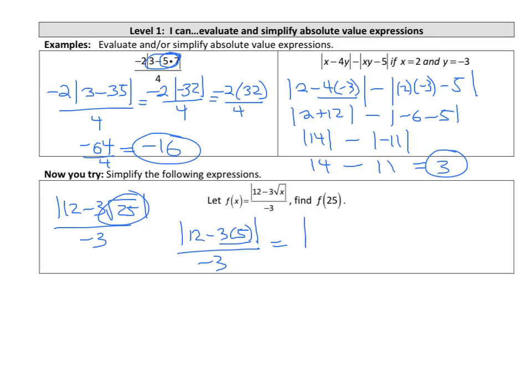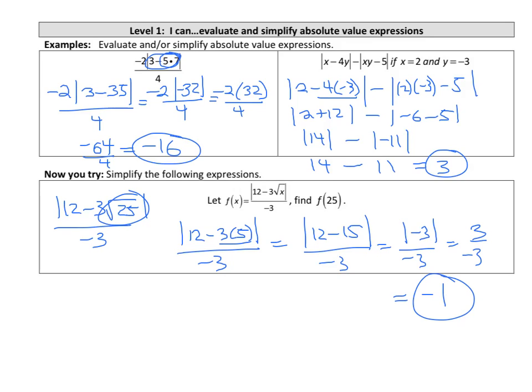And 3 times 5 is 15, so 12 minus 15 over negative 3, which is the absolute value of negative 3 over negative 3. The absolute value of negative 3 is positive 3 on top. Divide by negative 3, and you get negative 1 for your final answer.